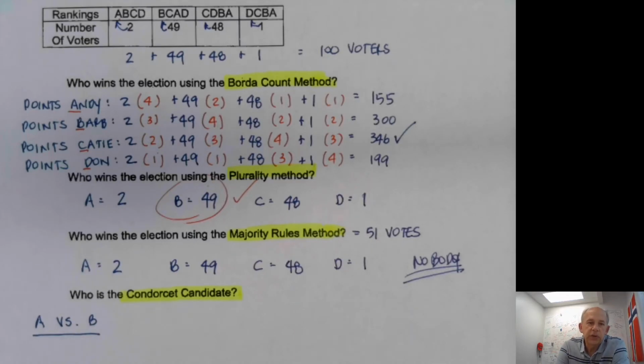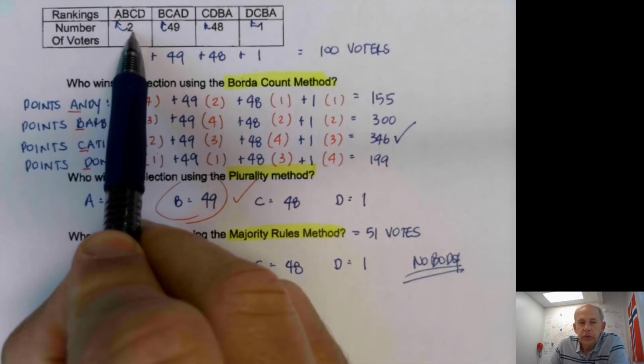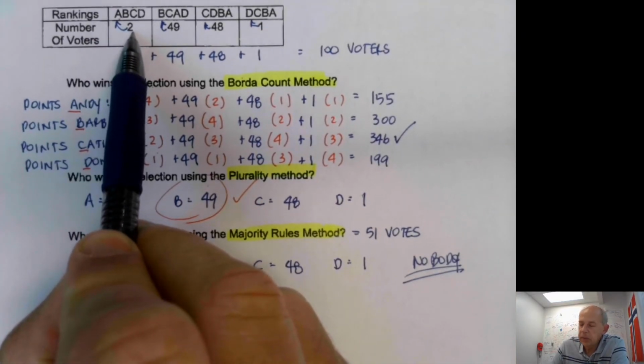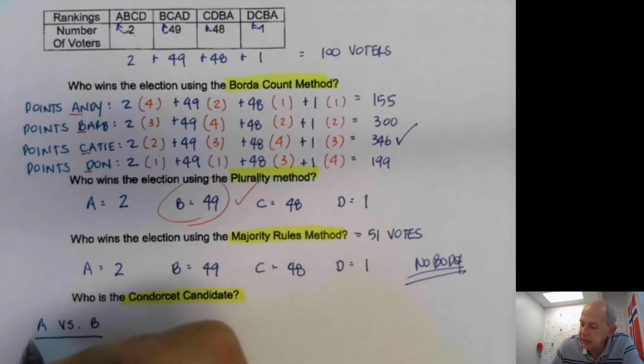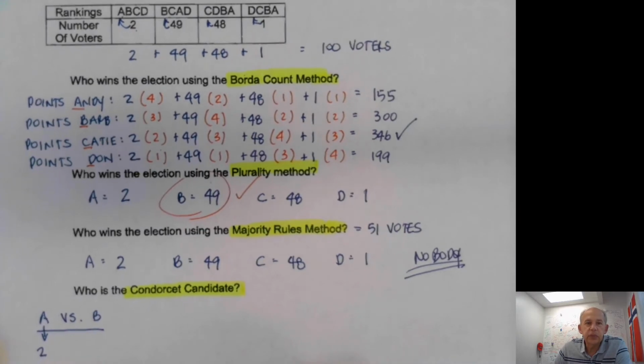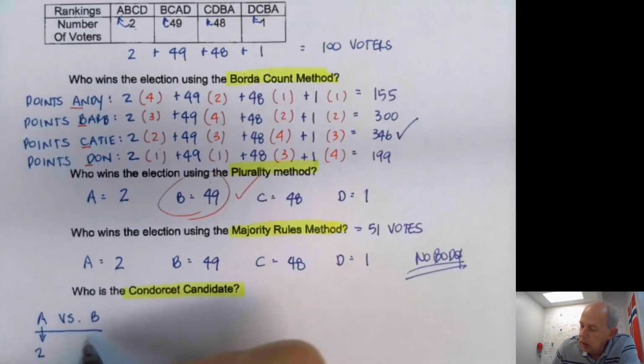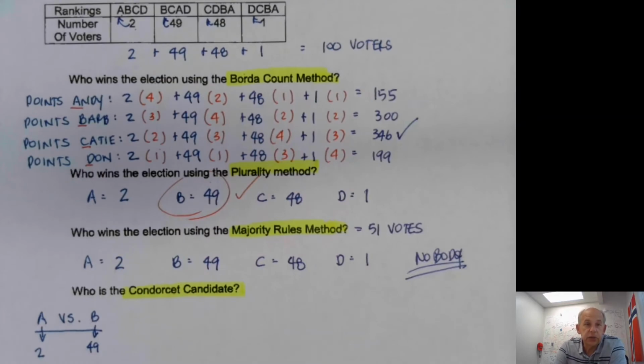So what I'm going to do is take a look at these 2 voters and who they preferred. These 2 had Andy favored over Barb. Andy was in first place, Barb was in second, so Andy gets those 2 votes. The 49, Barb gets because Barbara was in first place, so she gets 49 votes.